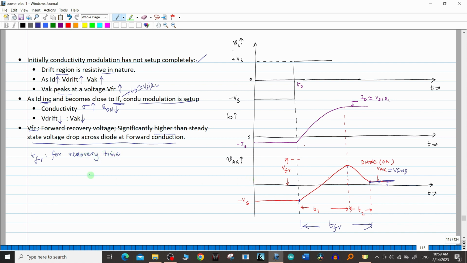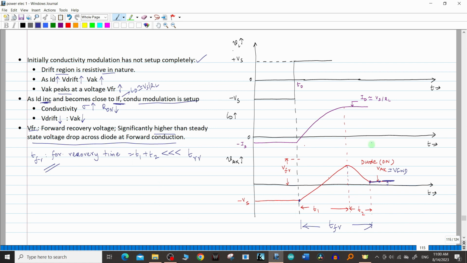Just like reverse recovery time, this is forward recovery time. Usually this forward recovery time is equal to T1 plus T2, and this time is much less than TRR, the reverse recovery time. So usually less significance is given to this in circuits, but it is still a very important concept to understand.